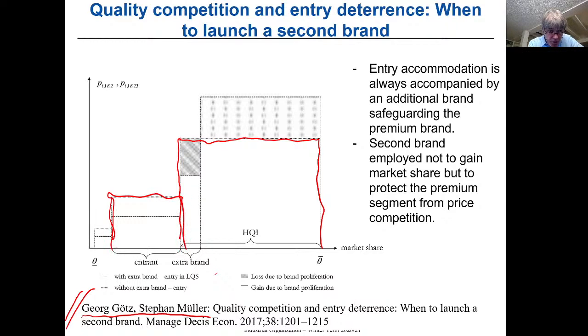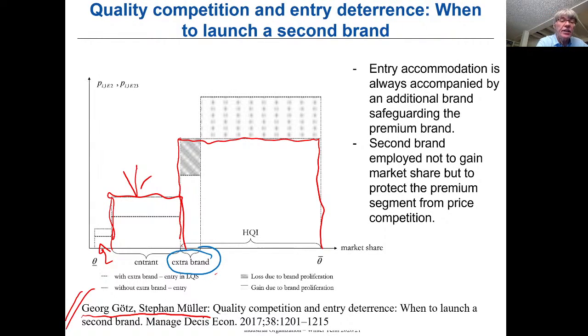However, if you introduce, in this case where this guy enters here anyway, and we have a third alternative here as well, a further variety, what happens? Here you introduce your own Germanwings no-frills brand, which is not as no-frills as Ryanair, not so low quality, but a little bit higher quality.